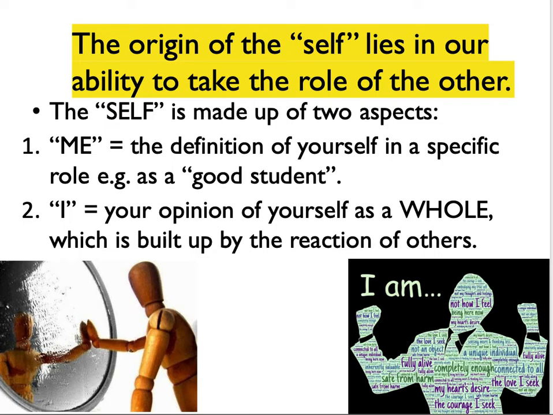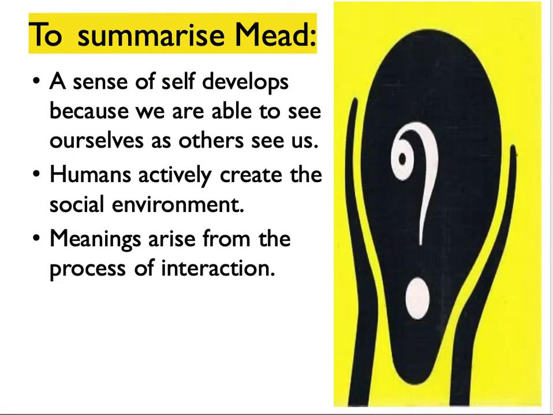By acquiring a concept of self, a person can take the role of self. In this way, thought is possible because, in Mead's view, the process of thinking is simply an inner conversation, a conversation with yourself. This is a very brief summary of the work of Mead.